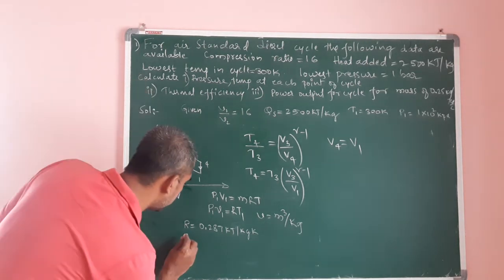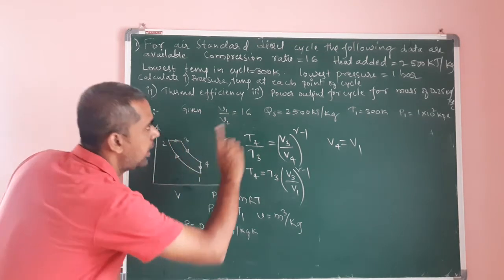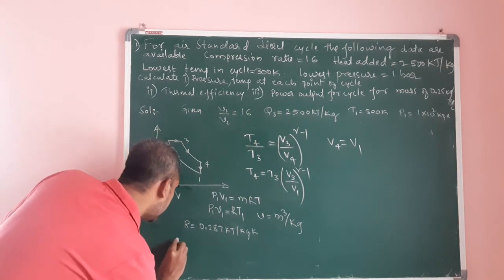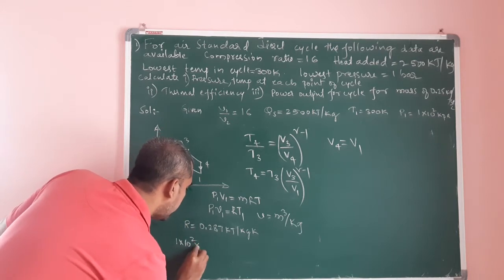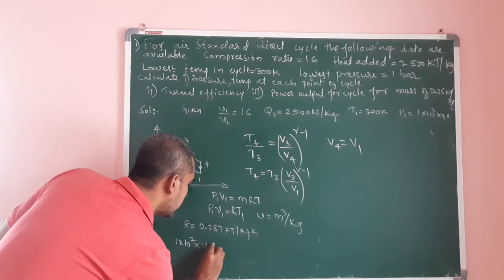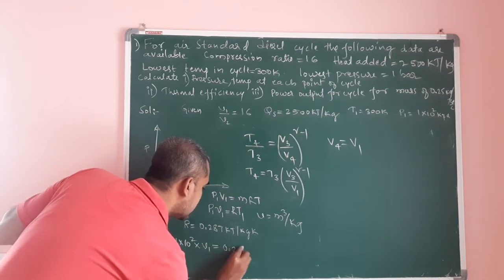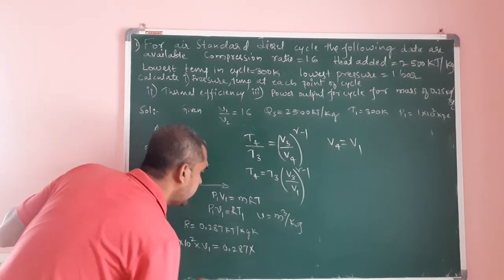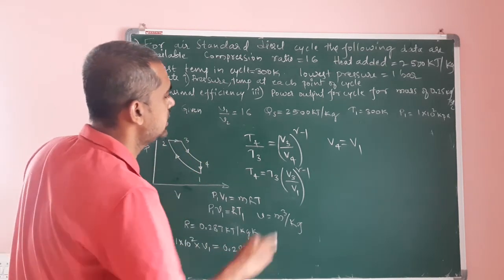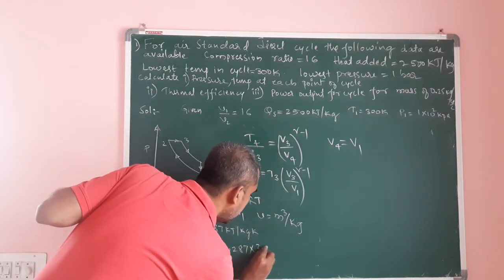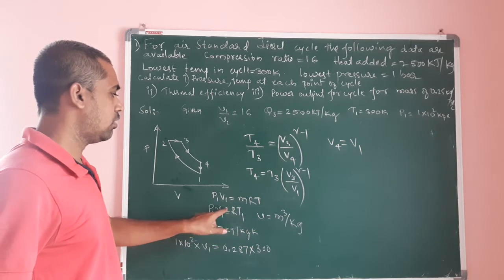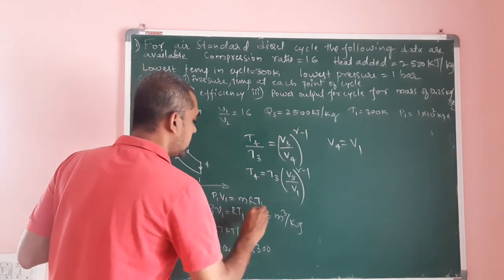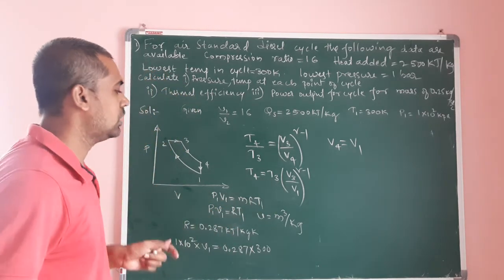Pressure at 1 is 1 into 10 raised to 2. p1 into small v1 is equal to R, 0.287, into T1. Temperature T1 is 300 Kelvin. This formula is true at all the states.